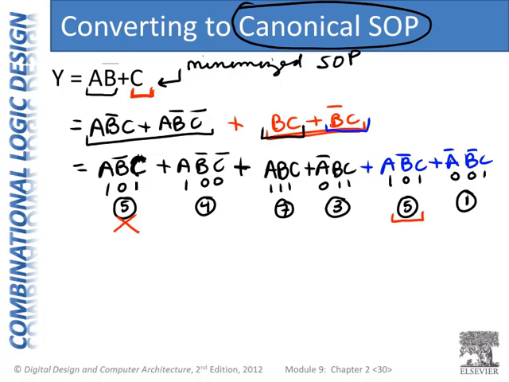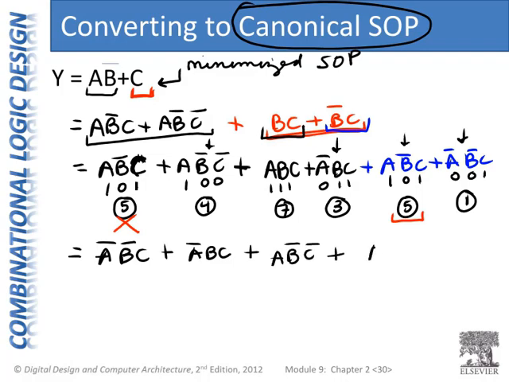We'll start with minterm 1 here, A bar, B bar, C, or A bar, B, C, or just going in order here, minterm 4, A and B bar and C bar, or A and B bar and C, minterm 5, and the last one, minterm 7, or A and B and C. Now let's double check that I didn't miss one of my minterms.